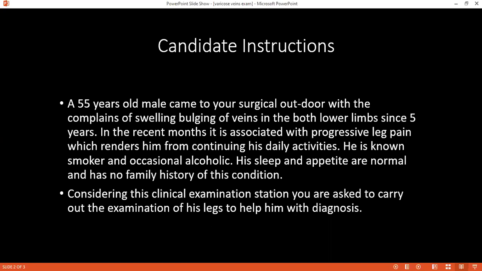Then I open the tourniquet and see if there is refilling from below or from above. If it is controlled, then it could be saphenofemoral junction incompetence. And then I will do the modified Perthes test, in which I ask for multiple tourniquets if they can provide.